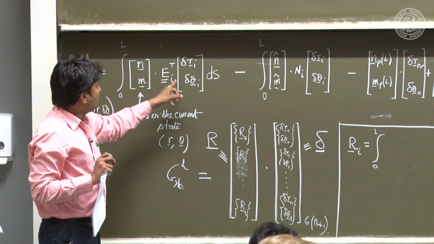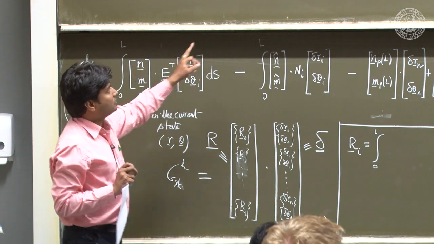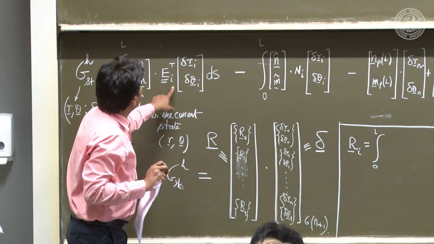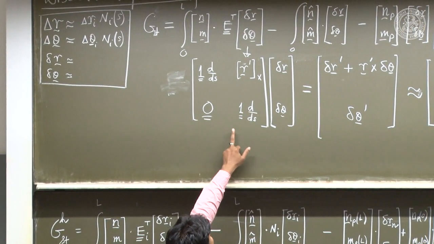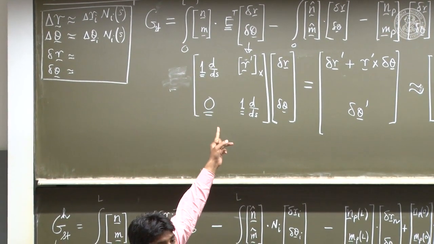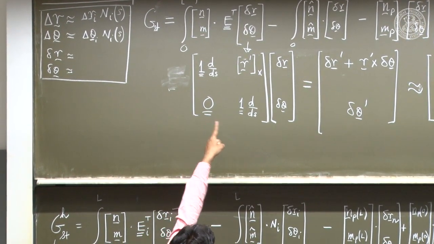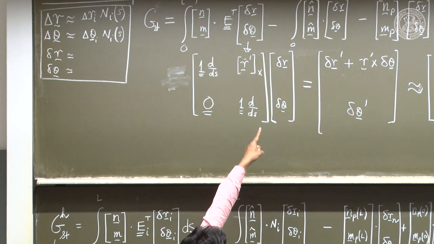You know, if this were not discretized, if this were without that sub I, just as you see over here, you cannot bring it on the other side, because this is with that d by ds which has to act on del little r.